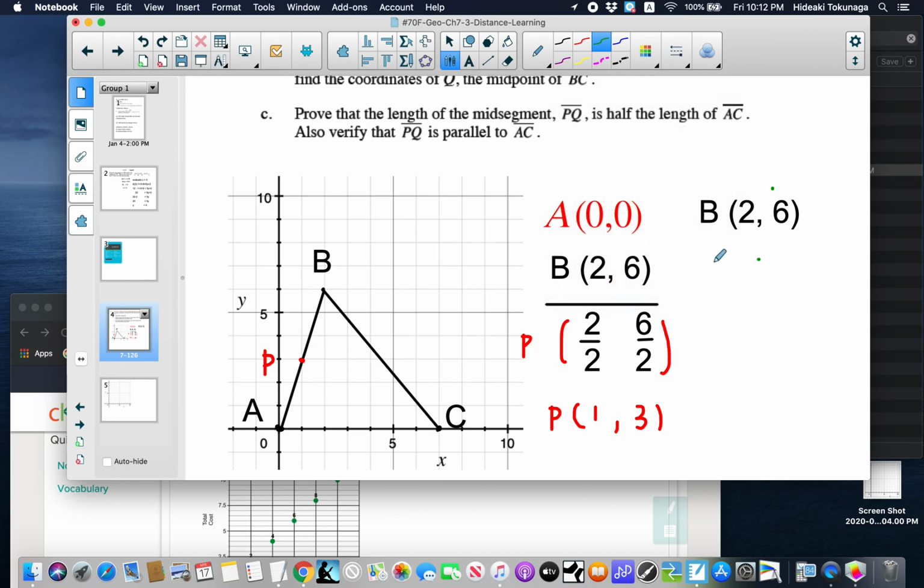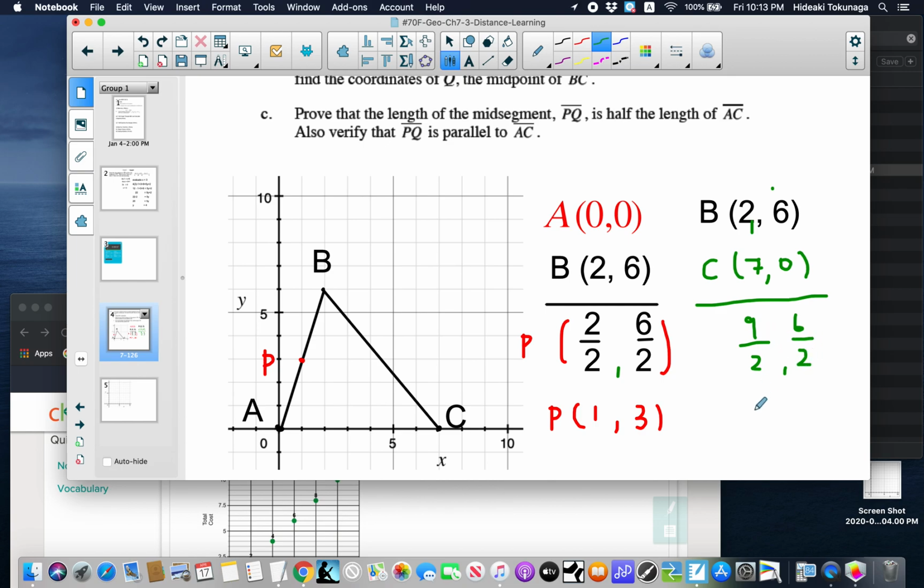What I told you: add the x coordinates and divide by 2. So 2 plus 7 is 9, divide by 2. 6 plus 0 is 6, put the comma here, divide by 2.